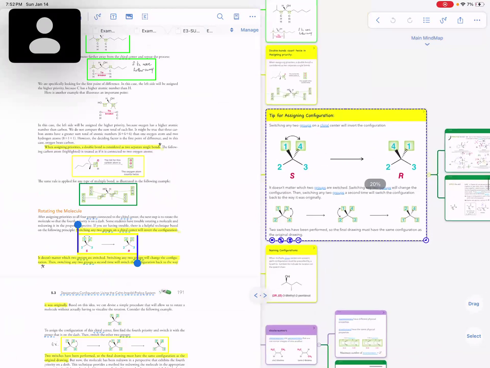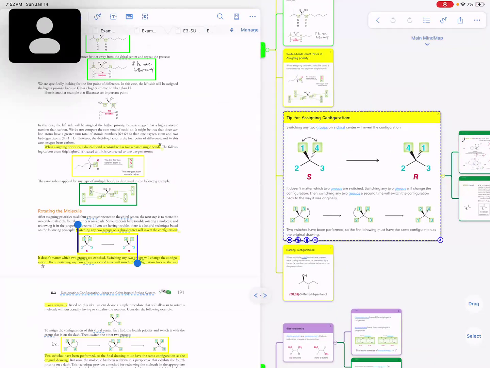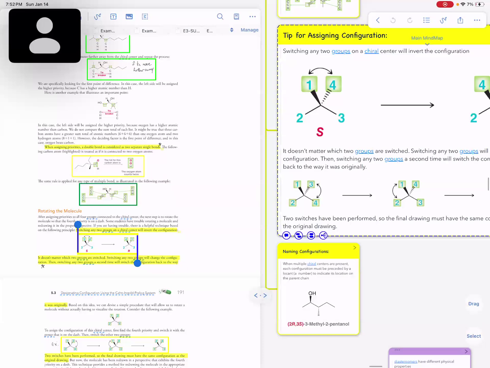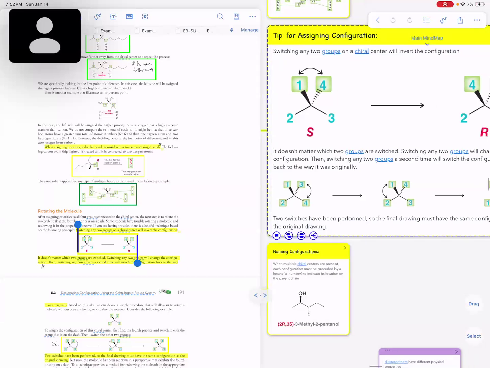So if you swap something, like in this case you had to switch 3 and 4. You see here, 4 is on the plane and 3 is pointing away.